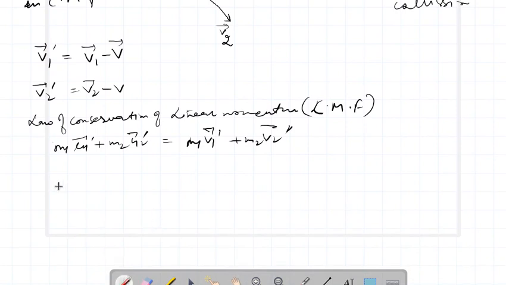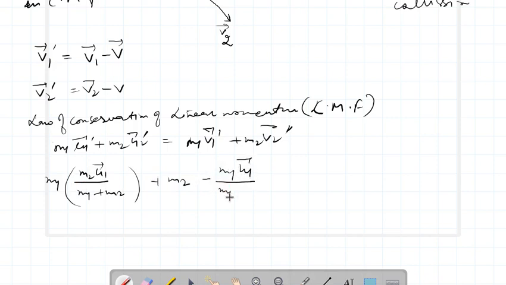But as I know that u1' is equal to m2 u1 upon m1 plus m2, plus (m2 minus m1) u1 over m1 plus m2, must be equal to m1 v1' plus m2 v2'.